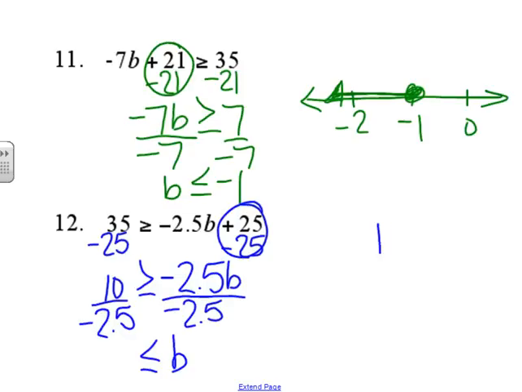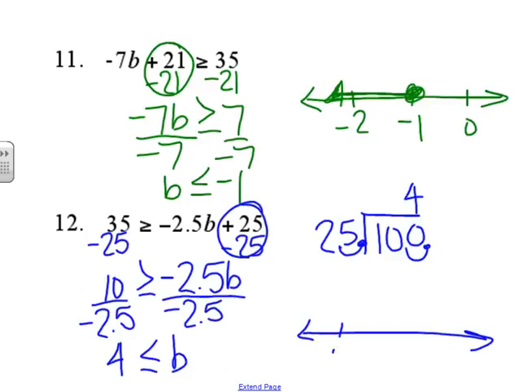Now we're going to do 10 divided by 2.5, and I'll put the negative on at the end. Remember, we can multiply by 10, so we're really going to do 100 divided by 25, which is 4. So 4 is less than or equal to b. 3, 4, 5. Closed circle, the ray going to the left.